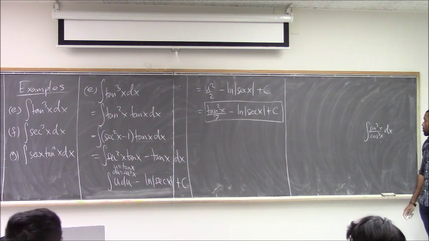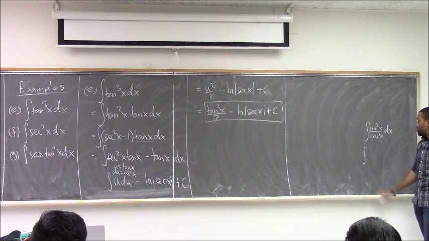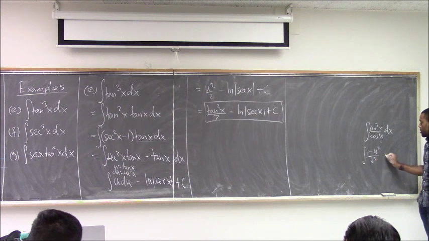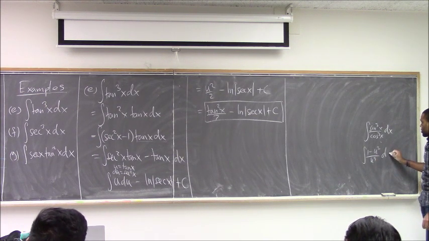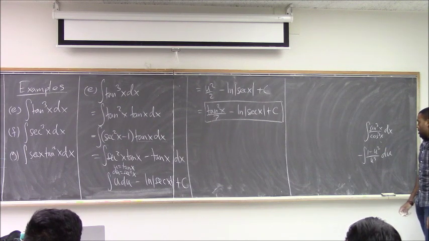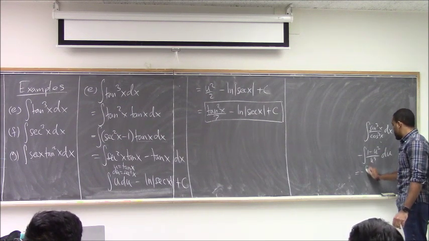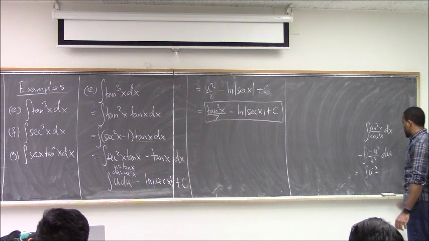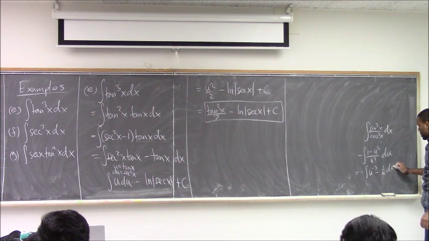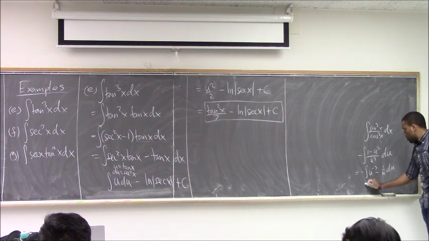Am I going to get the same answer as this? If you had sine cubed over cosine cubed, that would essentially become negative 1 minus u squared over u cubed. So that would be minus the integral of u to the minus 3 minus 1 over u du. So yeah, that could also work.